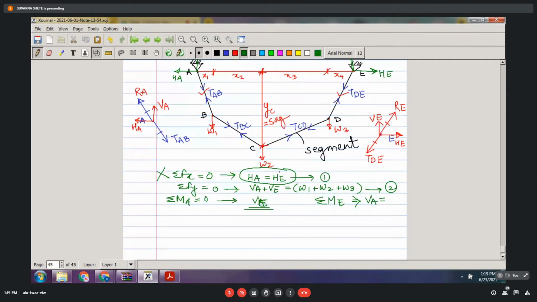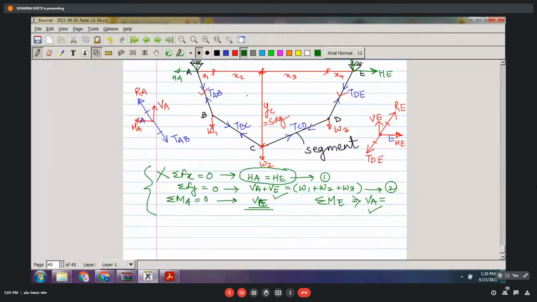Because using my conditions of equilibrium, I am not able to find all 4 unknowns. I have calculated VA, I have calculated VE, but I am not able to find HA or HE. Yes, I can say that HA is equal to HE, but the value I don't get by using my 3 conditions of equilibrium. Is it clear to all? सगळ्यांना समजलं?